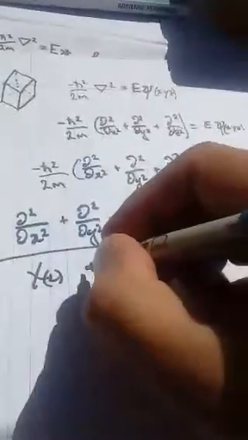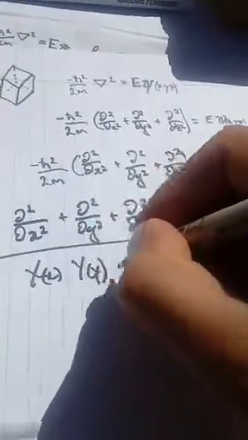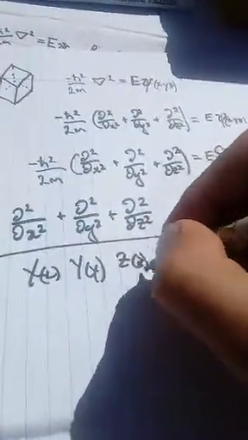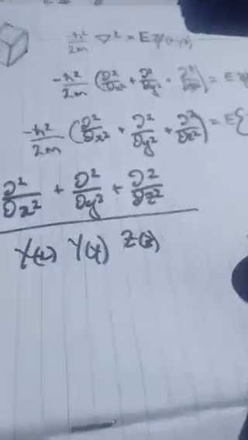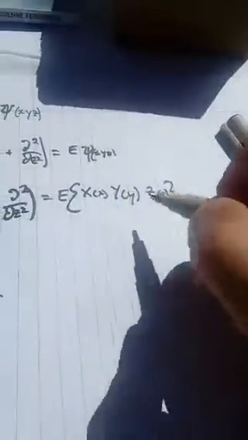Okay, let's do it. So this implies that d²X/dx² plus d²Y/dy² plus d²Z/dz², over this wave X(x)Y(y)Z(z), equals negative 2m over h bar squared multiplied by E. By the way, the fact that these can be separated only happens in this universe.